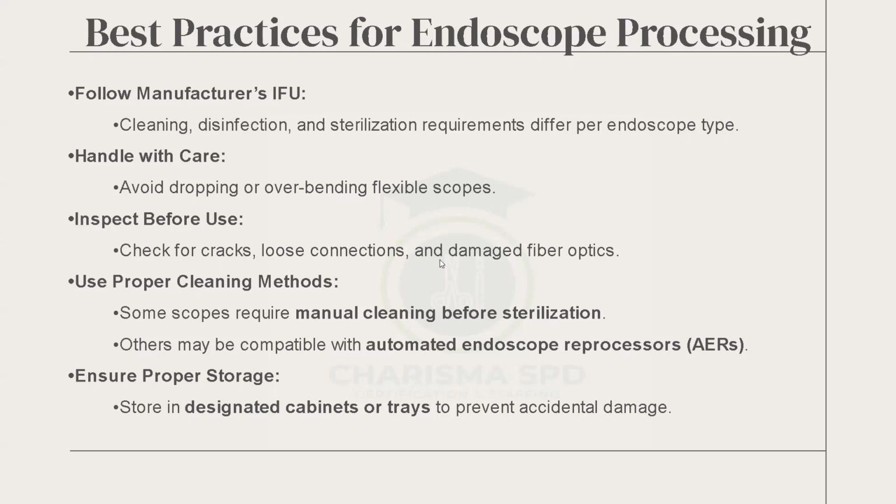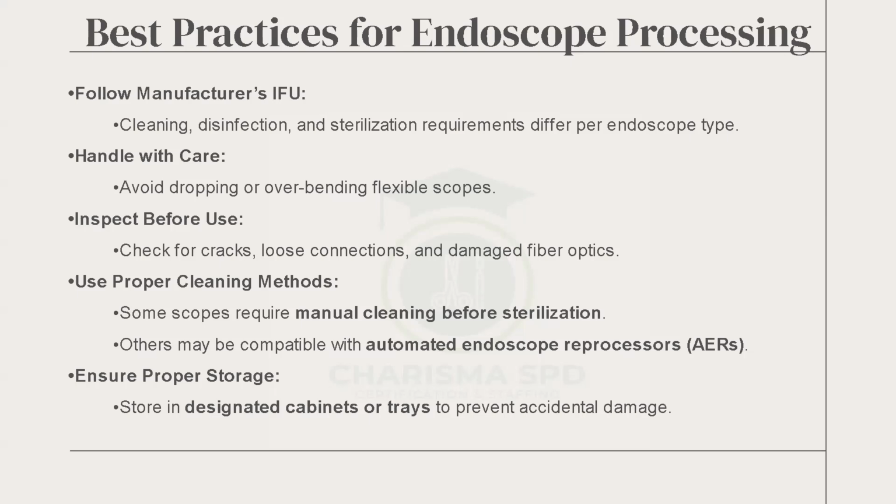All right. So best practices, we have seen it several times under those powered surgical instruments. The same thing applies here. IFU is always number one on the list. And we also have others that go through an automated endoscopic reprocessor.